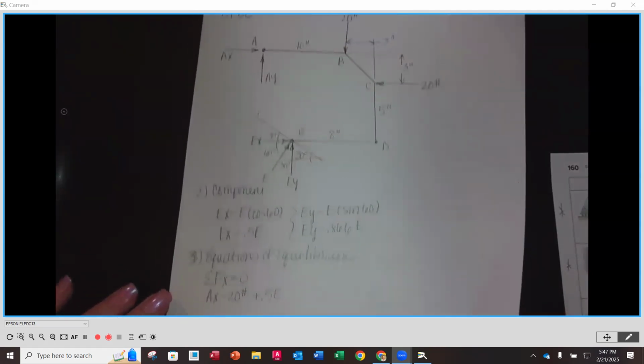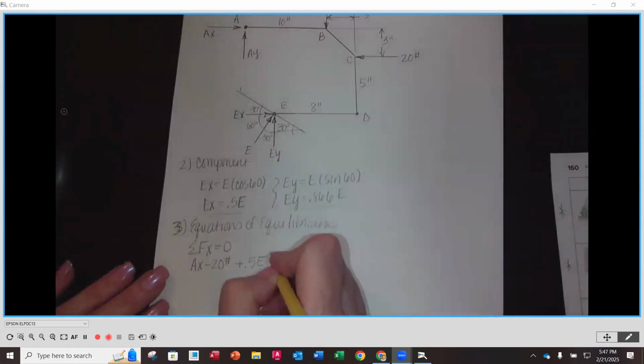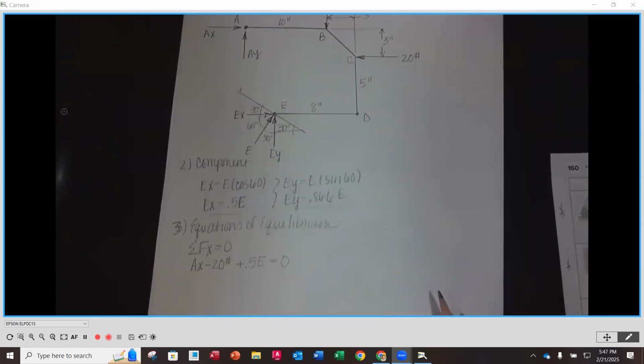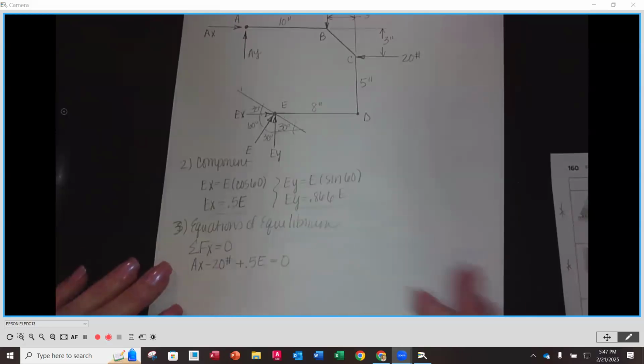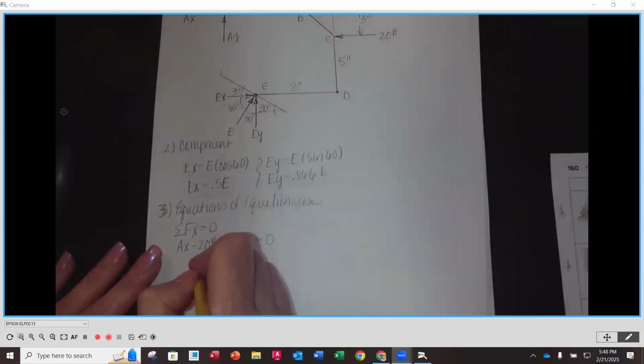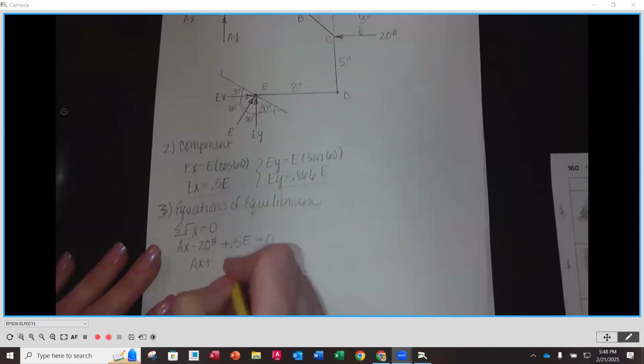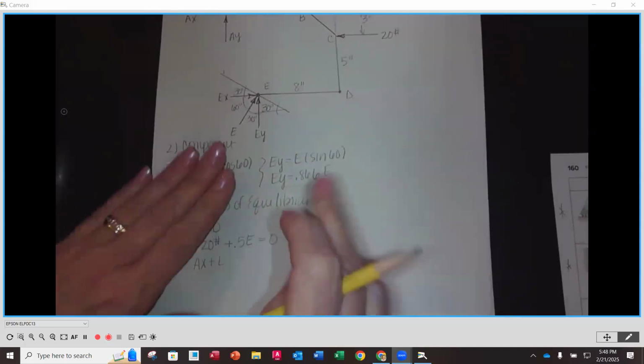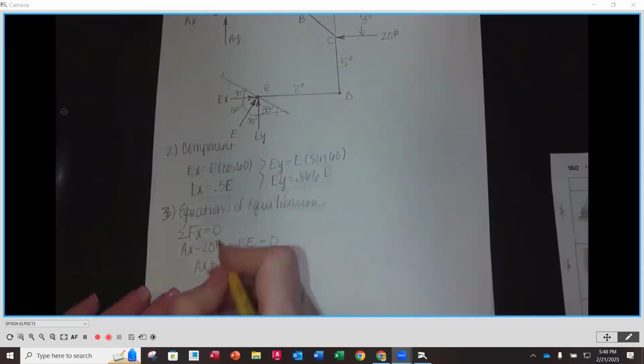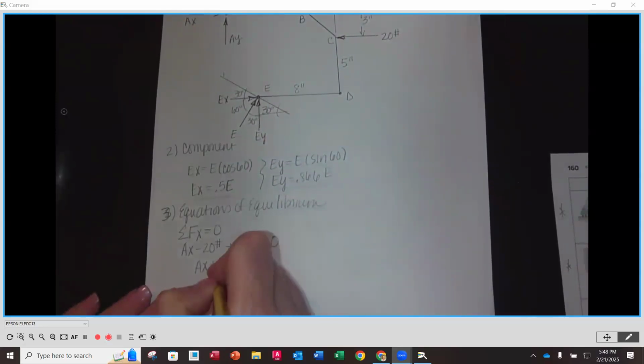And those are all the forces in the x direction, so we're going to say equal to 0. Now, I'm going to move my 20 to the other side. So I have AX plus 0.5E is equal to 20 pounds. All right. But I've got two unknowns here, so that's as far as I can go. Okay.